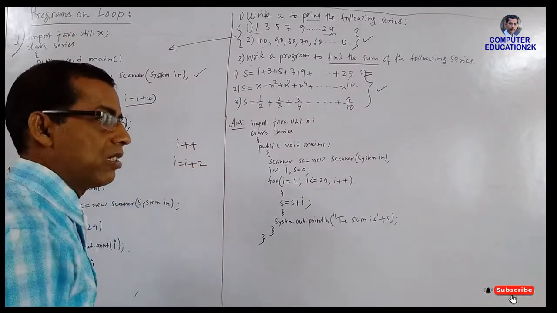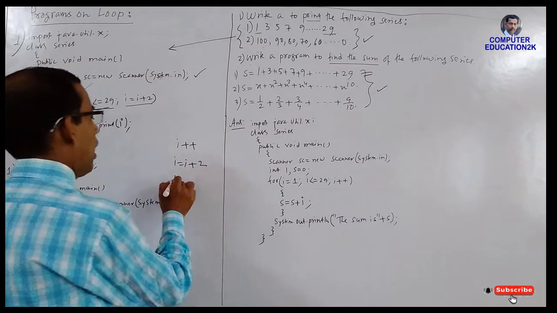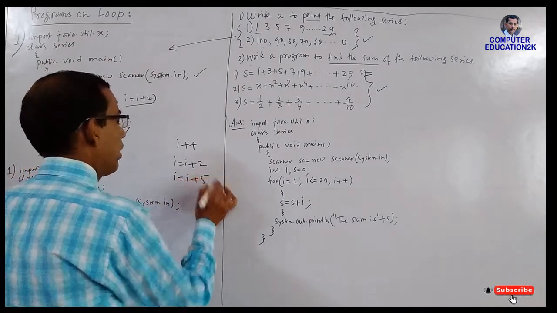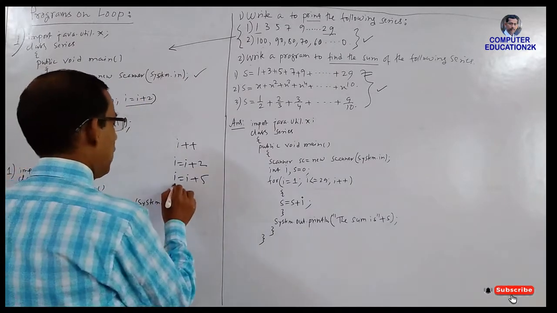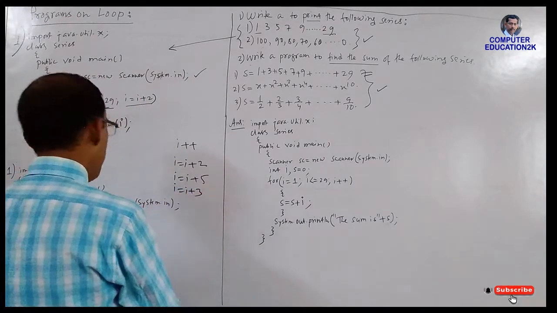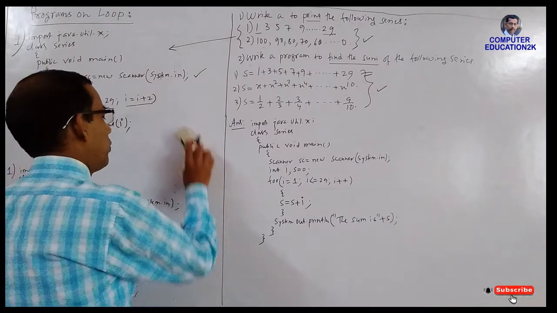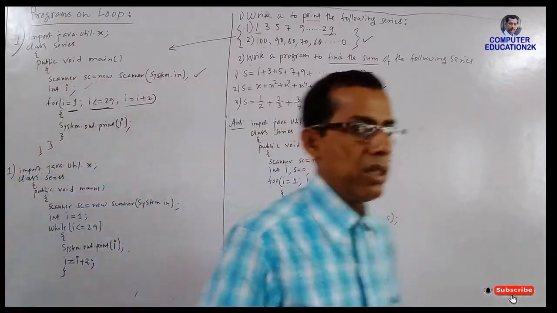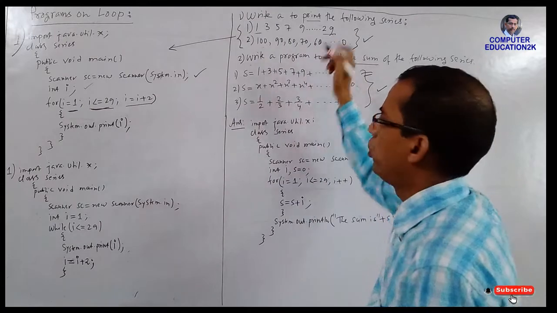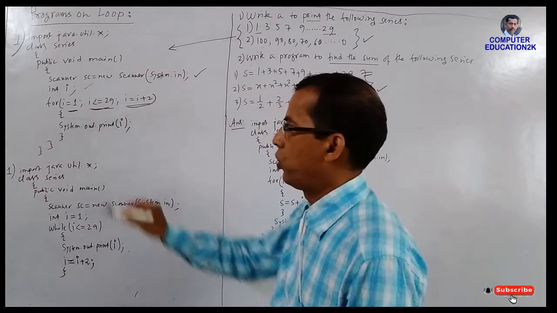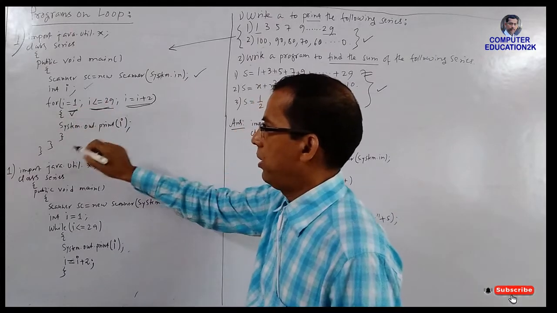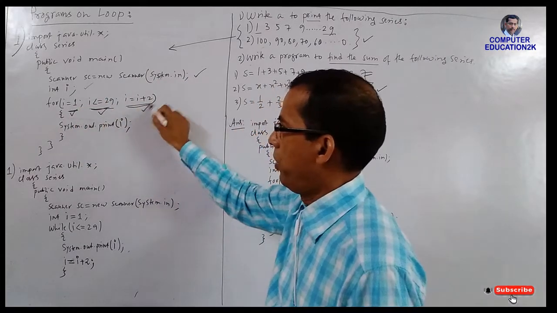If the values increase by 5, then we write i equals i plus 5. If the values increase by 3, then write i equals i plus 3. So this way you write. As the value here is increasing by 2, I have written i equals i plus 2. So this is initialization, this is condition, and this is updation.